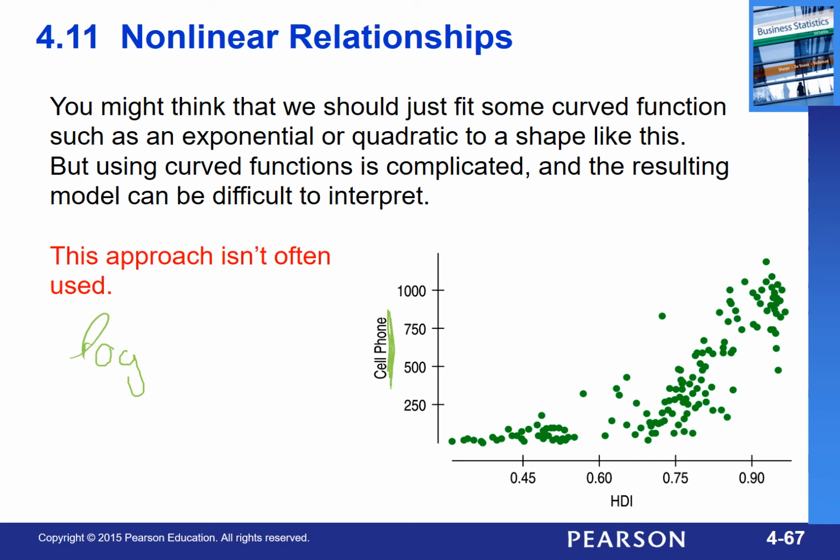So what you would do is take the logarithm of cell phone and then map your data to a linear regression using HDI versus log of cell phone, because a logarithm is the opposite of an exponential.